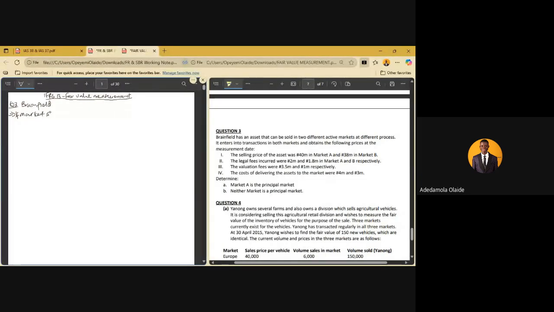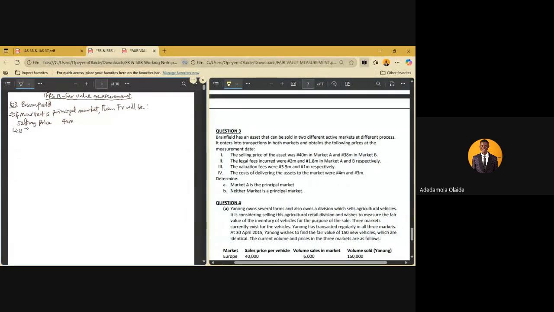is principal market, remember what we said, where we have principal market, fair value will just be what? Fair value will be equal to the selling price in market A. Selling price, how much in market A? 40 million.